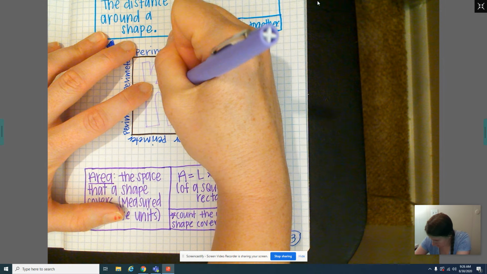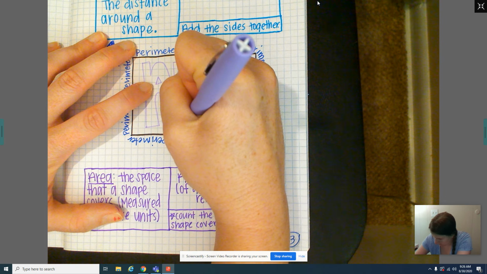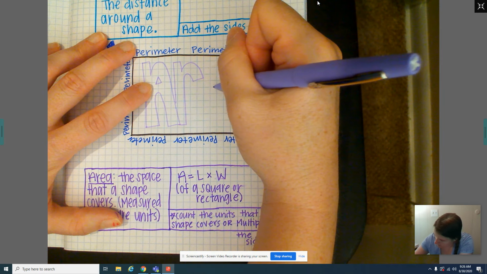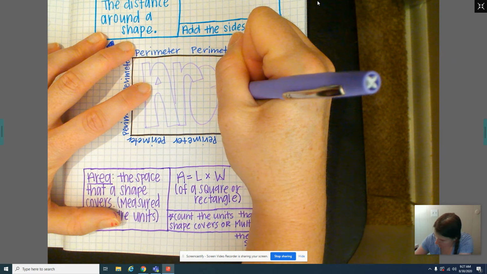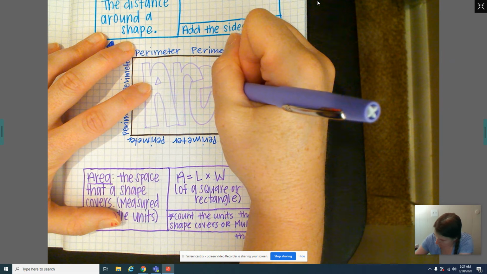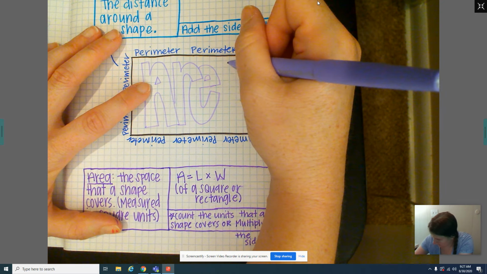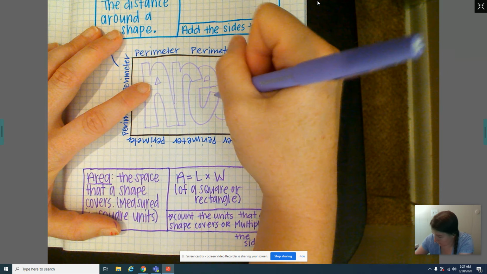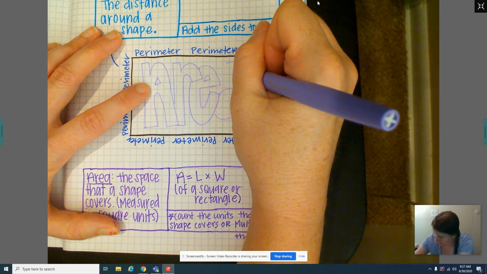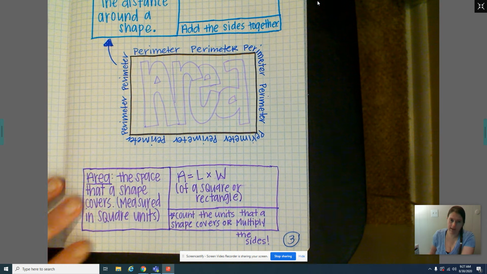But I'm going to write area in big letters for the middle of our box here. You do not have to write it the same way I do. But I do want area written big in the middle of your box. Okay. Just like that.